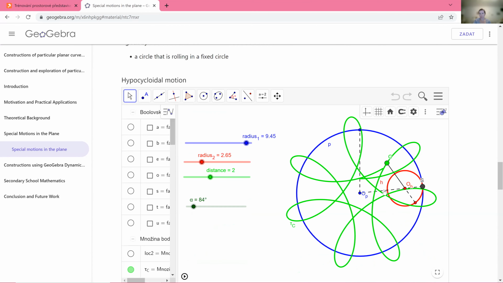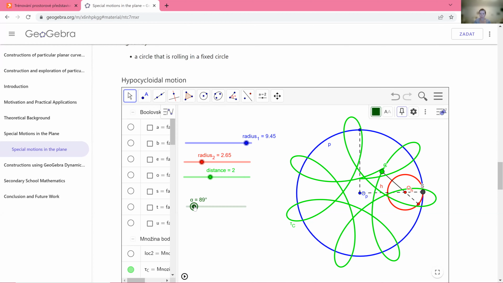Hypocycloidal motion. And I really like these pictures in GeoGebra because I can really show you here, I can move the circle. Now I'm afraid that the internet connection is quite slow, but you can try these examples on your computer.